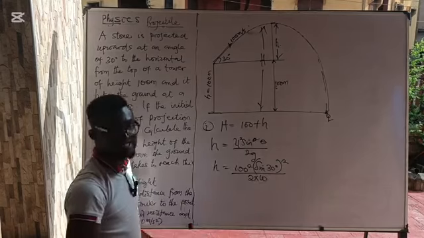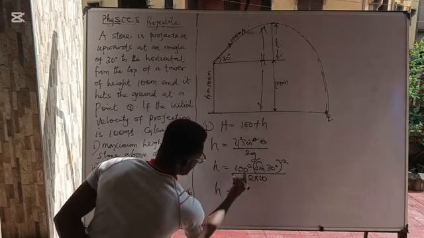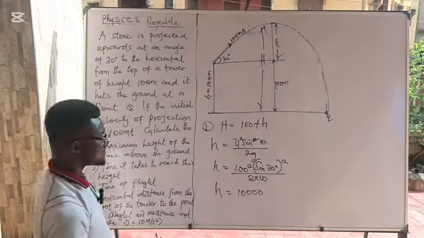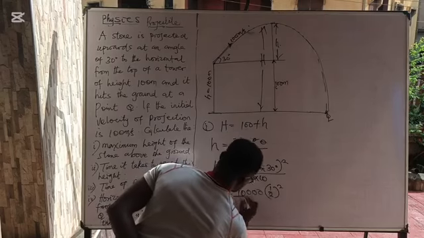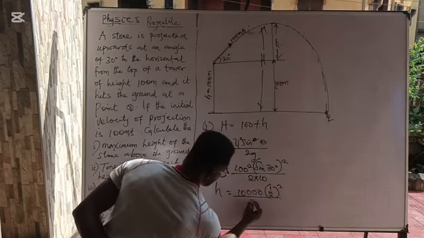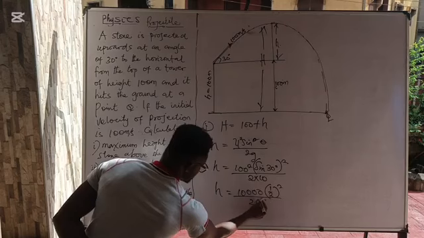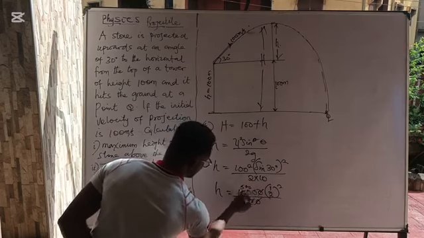And the g here is 10. So we have h equal to 100 squared, which gives us 10,000. Then sine 30 gives half. So half squared all over 2 times 10, which is 20. At this point, the zero will cancel out, 2 will cancel here, we have 500.